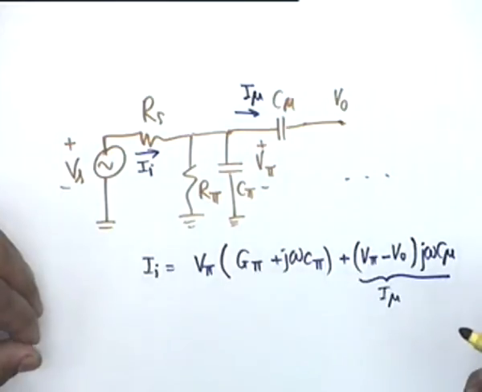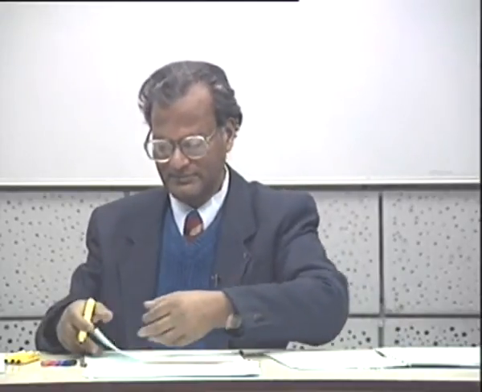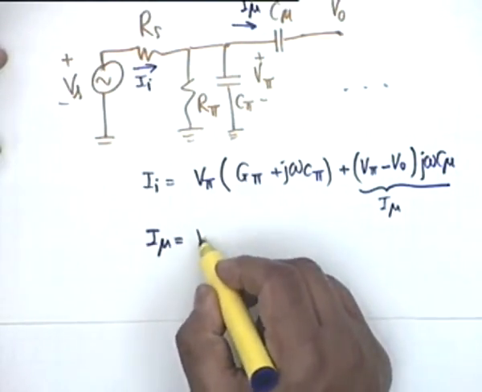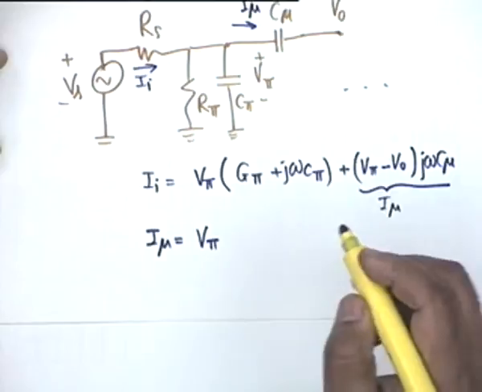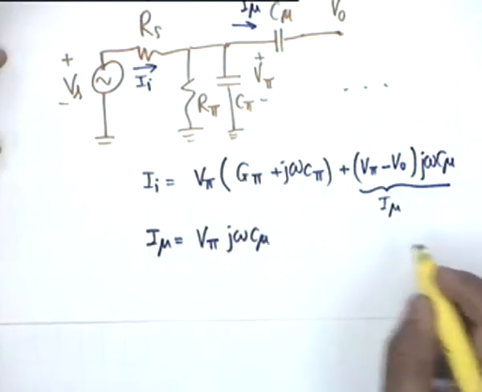Okay, this current I shall call I mu. Now I mu can be written as V pi j omega C mu.